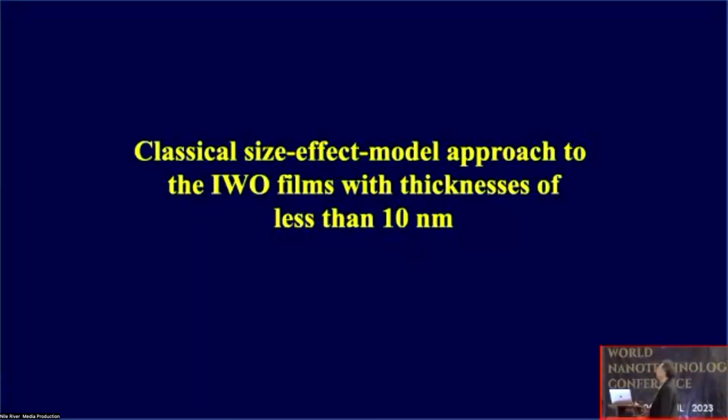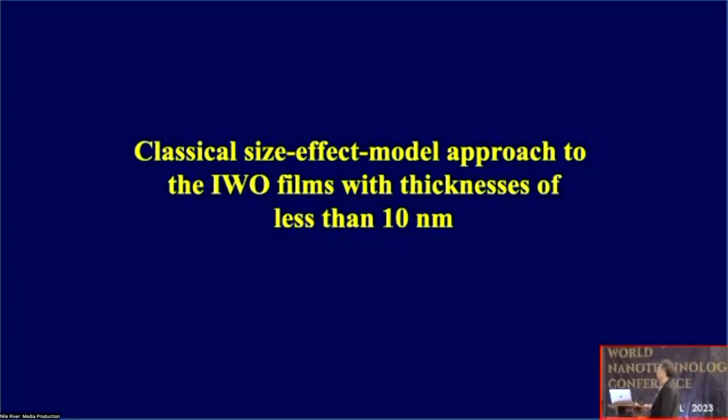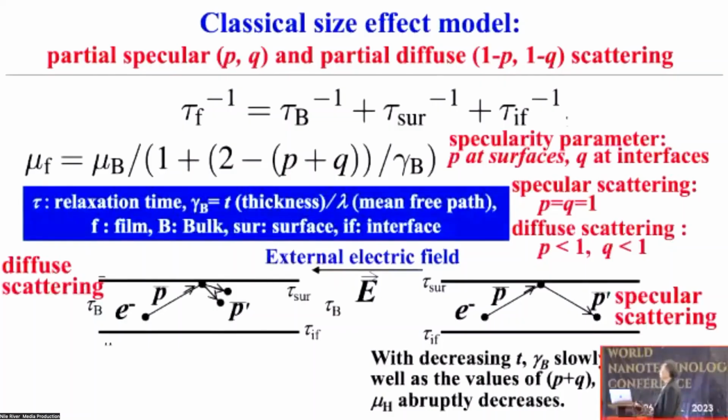And I'd like to discuss two different kinds of approaches. First is the classical size effect model approach to the IWO films with thicknesses of less than 10 nanometers.